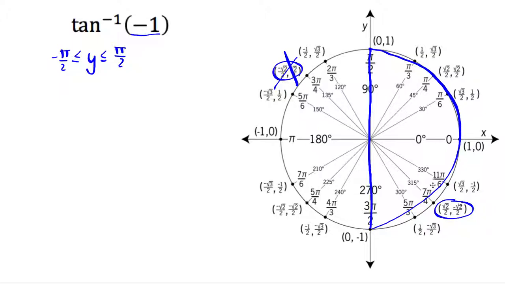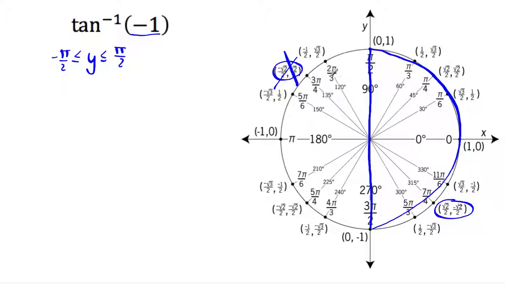And a number of people will say, oh, it's 7 pi over 4. But that's also wrong. If you were to have a number line from -pi over 2 to pi over 2, and I said, put 7 pi over 4 on that number line, 7 pi over 4 is greater than pi over 2. So it won't fit. Does it mean there's no solution? No, it doesn't.